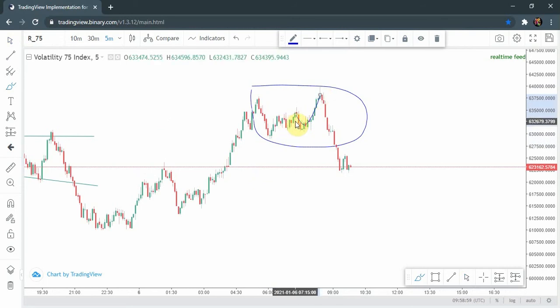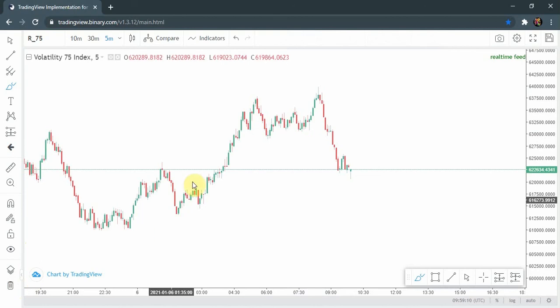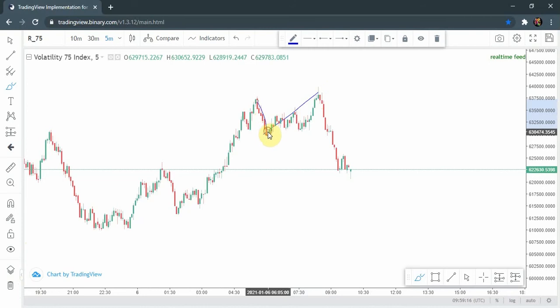A lot of people can think that, wow, this was a corrective and then it's a continuation of the bias. But we need to understand when it comes to market activity. Here is a simple trick that is going to help you. The reason we cannot say this was an impulsive wave after a corrective is the change in the market structure, or in the behavior of the wave.